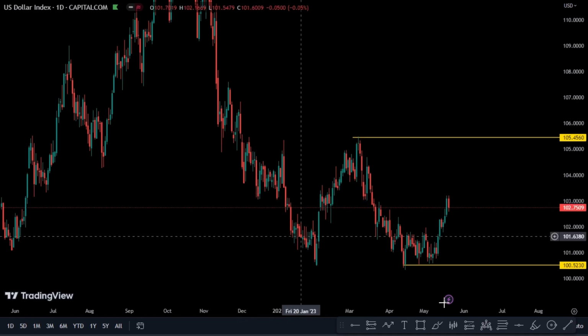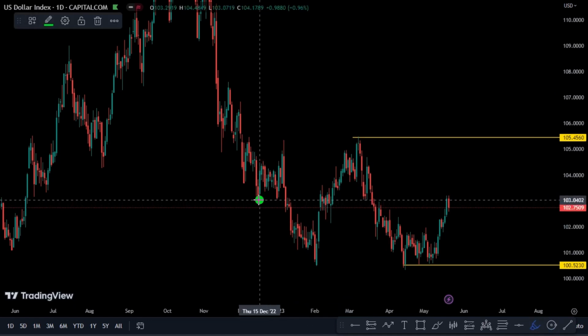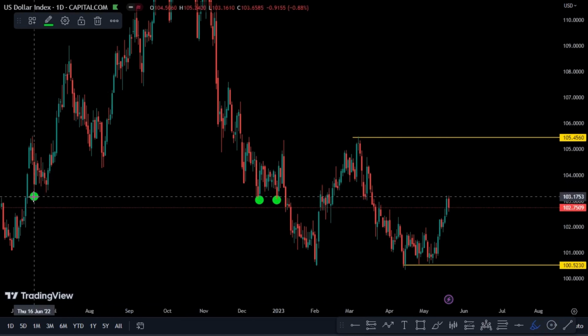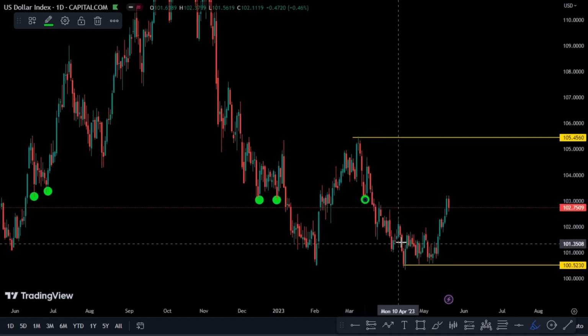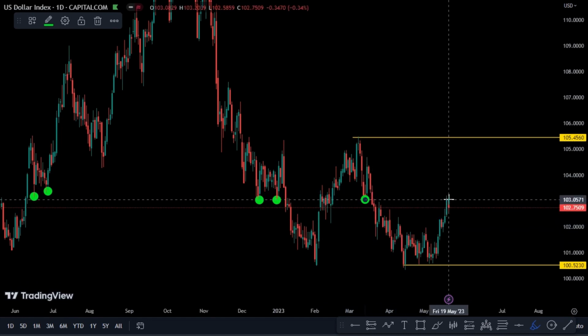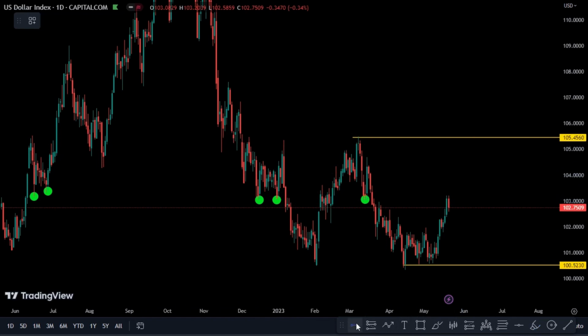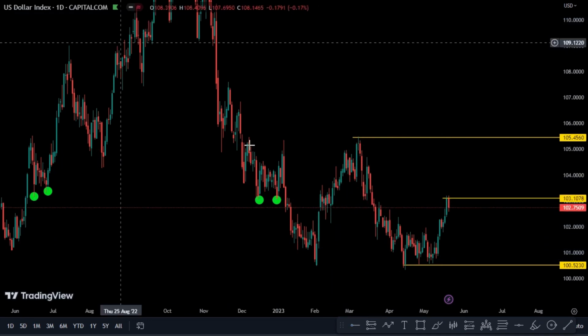As you can see, it was respected here, and we also have it being respected here again, and also here. Before it was broken, the market pushed to the downside, and now we are currently having a reaction to the structure again. So yeah, as much as that is, I would put in my resistance at the current reaction.